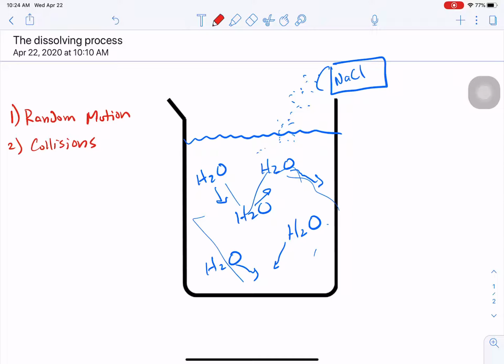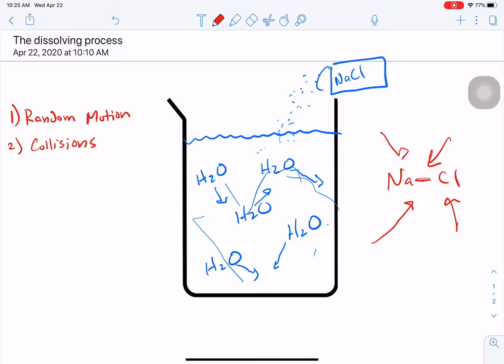So when the water molecules hit the NaCl a bunch of times, it actually weakens that bond. That's that electrostatic force, that ionic bond right there.